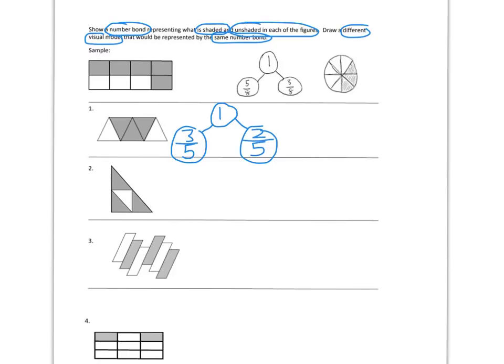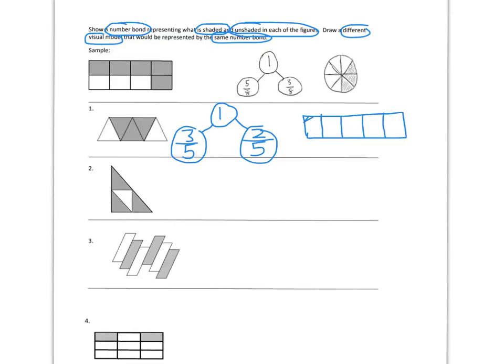Another visual model I could use to represent the same number bond would be I could just draw a rectangle, and I would break it up into 5 pieces because that's how many pieces I have in my trapezoid. And I know that of these 5 pieces, according to my trapezoid, I had 3/5 shaded.